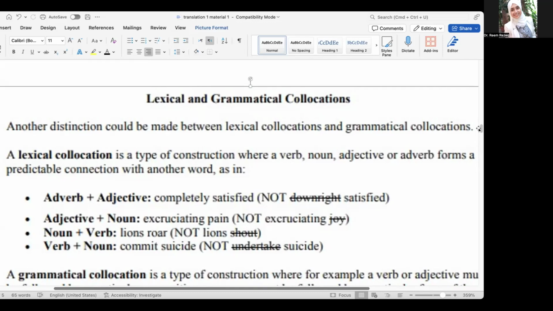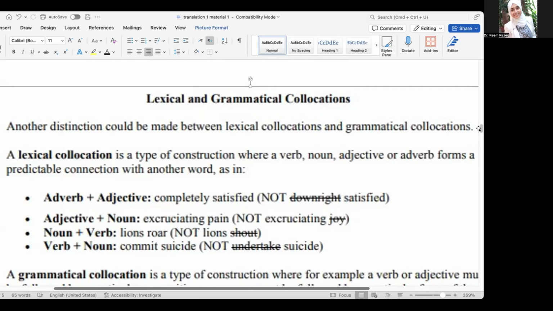And also we can say lions roar, not lions shout. Don't say lion shout. Lion roar. And also here we have commit suicide. So you can say commit suicide, not undertake suicide.